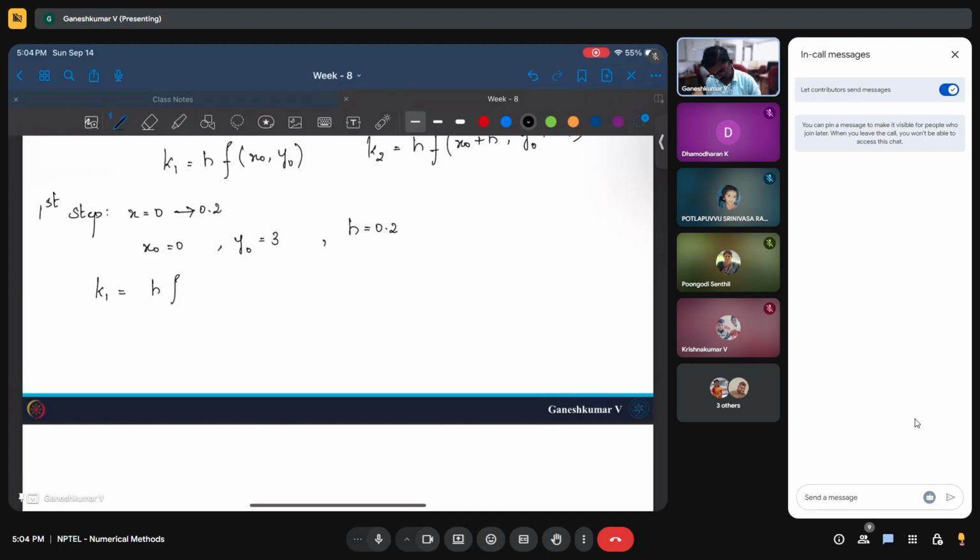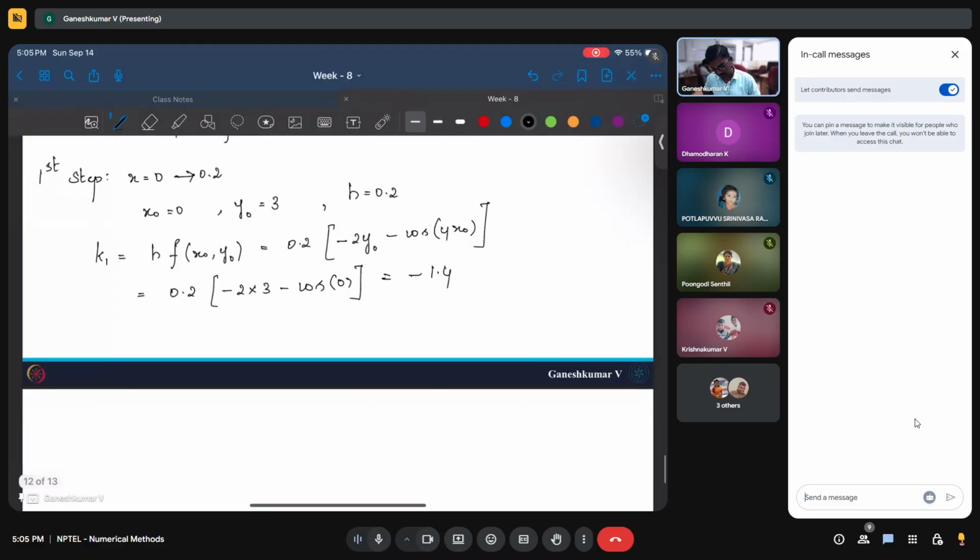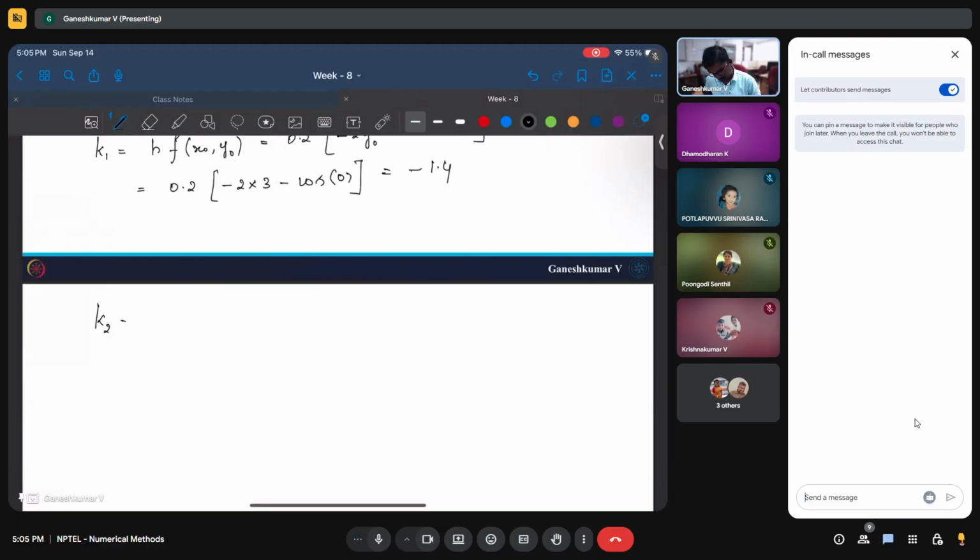Now let's evaluate K1. K1 is h times function of x naught and y naught, which is equal to 0.2 into the function value, minus 2y minus cos 4x. If you substitute it here, minus 2 into 3 minus cos 0, it's going to be minus 7. Minus 7 into 0.2 is minus 1.4. This is your K1. Now K2 is h times function of x naught plus h and y naught plus K1.